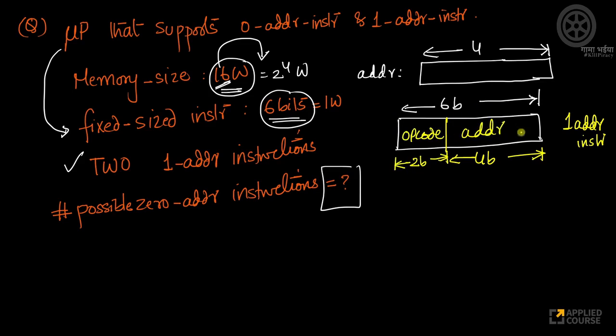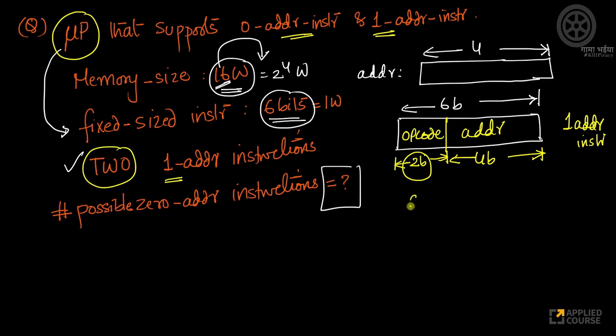Again, we are looking at a microprocessor that supports both 0 address and 1 address instructions. The memory address size is 4 bits, which means I have only 2 bits for the opcode as far as 1 address instructions are concerned. How many 1 address instructions are there? 2 one address instructions.